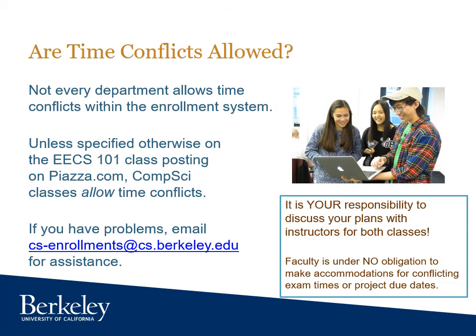If that happens to you, and you've gone out to the EECS 101 section and you see that yes, the class should allow time conflicts, but you can't get into the class because of a time conflict, please send an email to cs-enrollments@cs.berkeley.edu. I manage that email alias, and if you include your SID number, I will do my best to help you figure out what's happening with your time conflict enrollment.